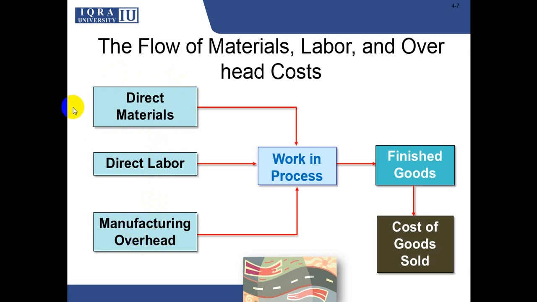But here I am again repeating how to calculate the direct material: raw material beginning plus purchases minus raw material at end is equal to raw material used in production, right? So we are taking this direct material which is used in production.